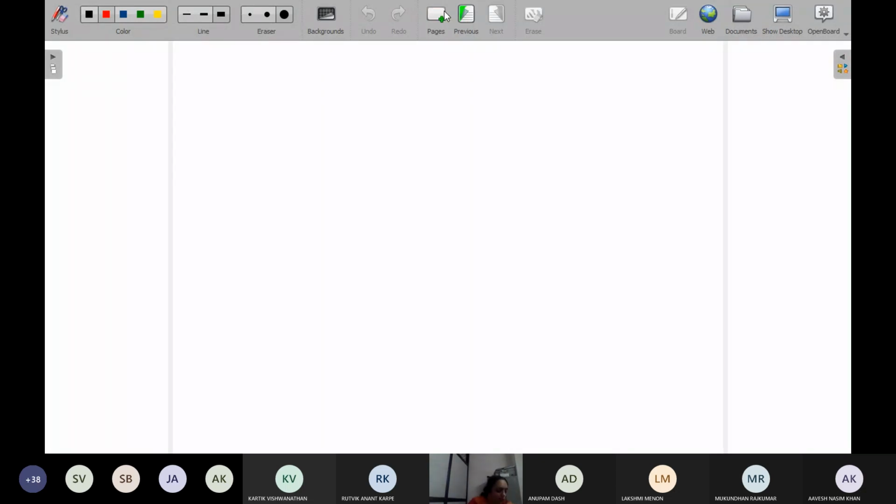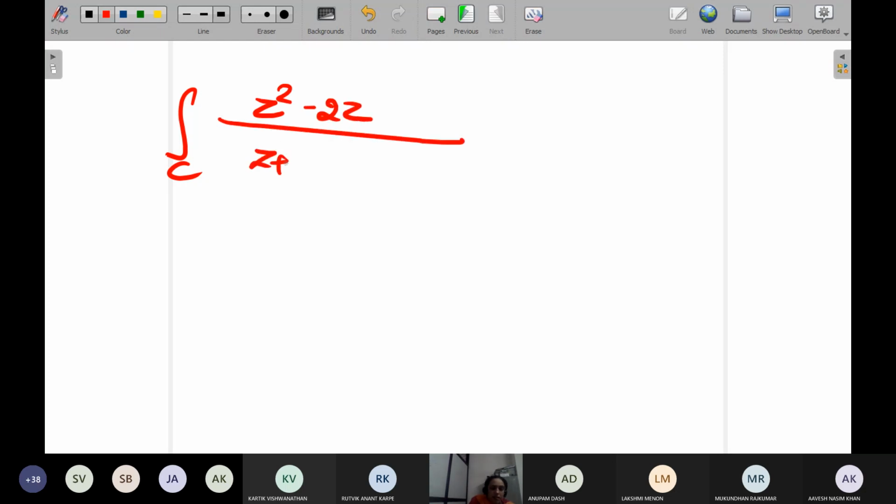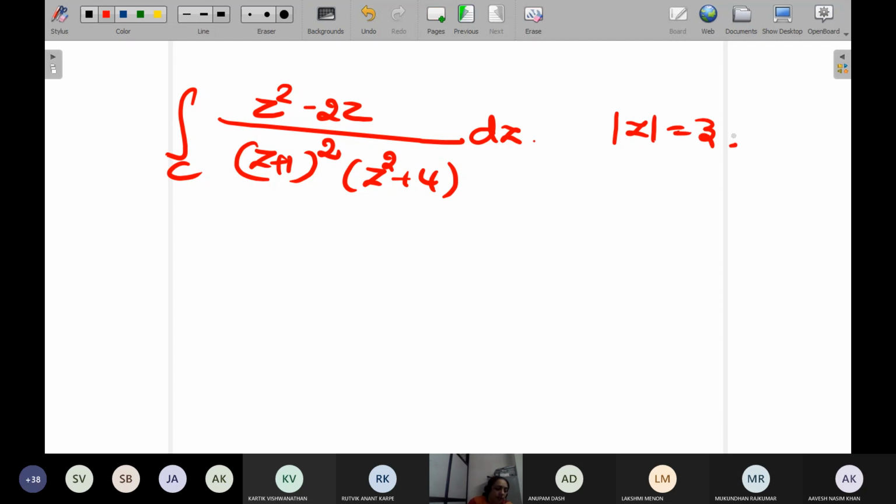Evaluate integral over C of (z square minus 2z) divided by (z plus 1) the whole square into (z square plus 4) into dz, where C is the circle mod z is equals to 3, using Cauchy residue theorem.